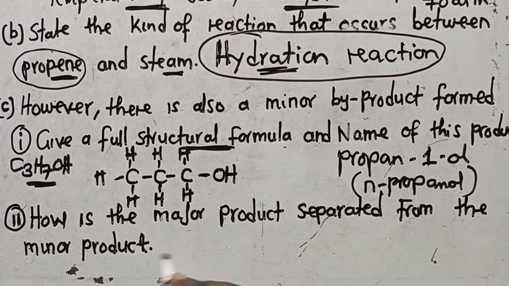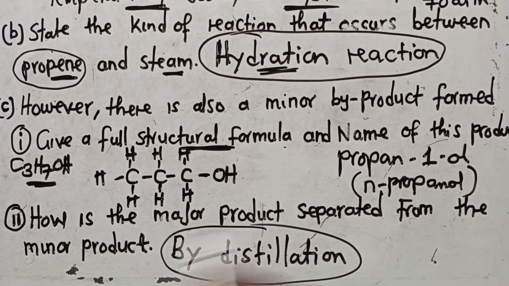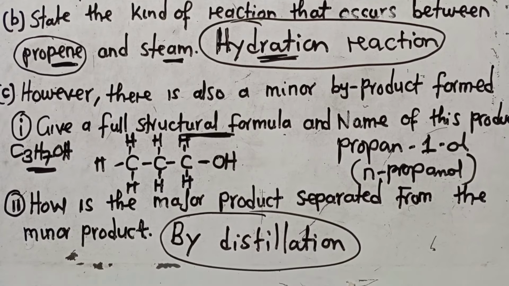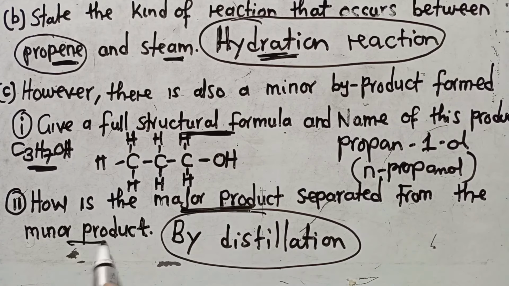You can only separate this by using distillation. We use this separation technique called distillation, using distillation methods to separate the major product from the minor product. These are things you need to know and understand.